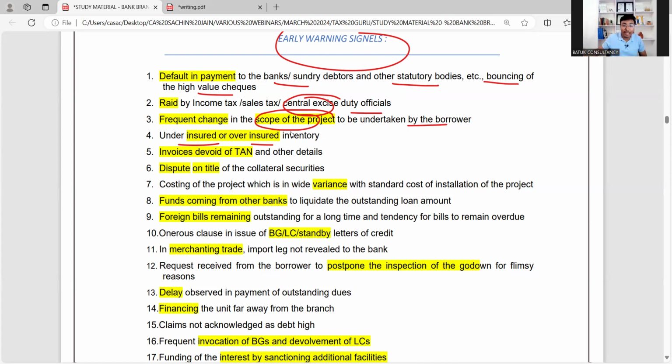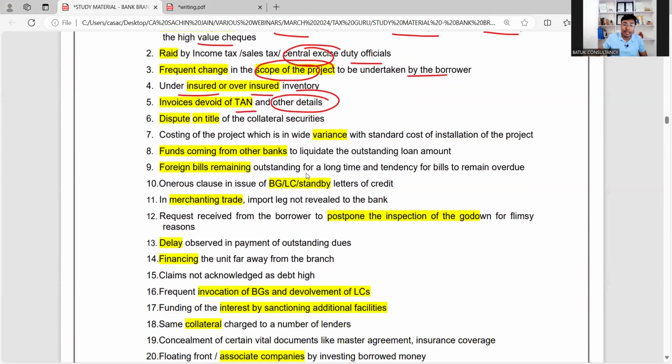Invoices devoid of TAN and other details. There is no availability of the TAN if you check the physical invoices of certain plant and machinery and other things. Disputes on title of the collateral securities. There is certain dispute on account of that collateral security. When you check that legal property or legal report, there are certain conditions attached by the legal valuer or advocate.